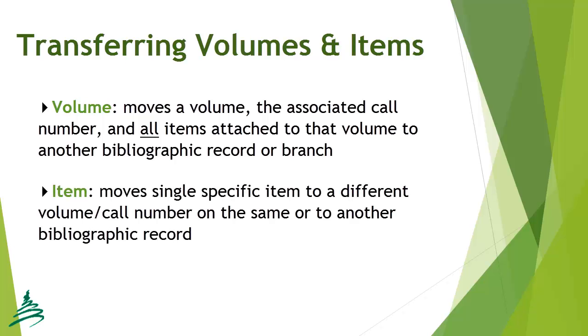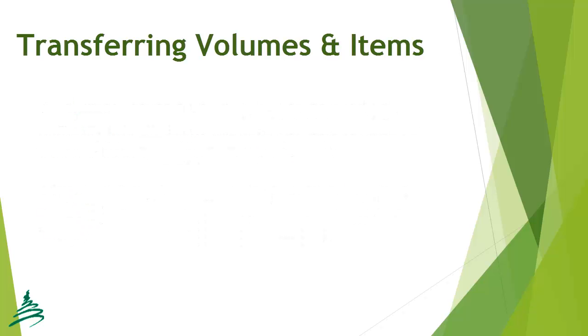Items, on the other hand, you're just taking the one specific item with the one specific barcode, not everything with the same call number, just the specific item, and that will be transferring just that one thing.